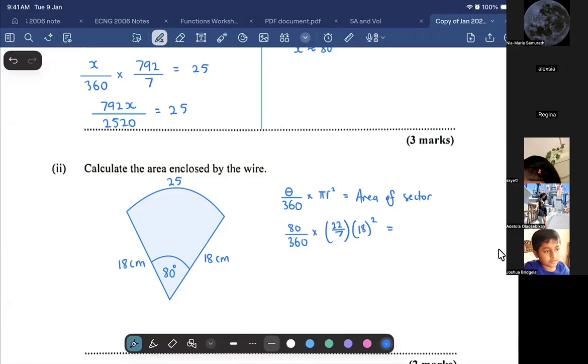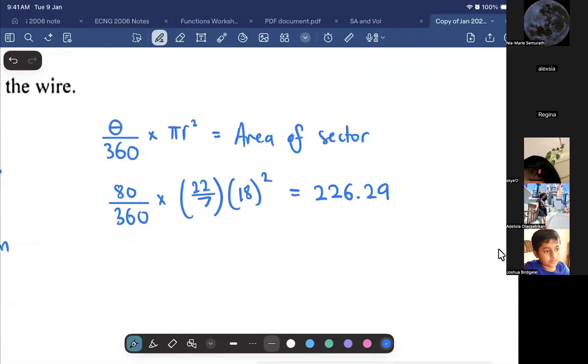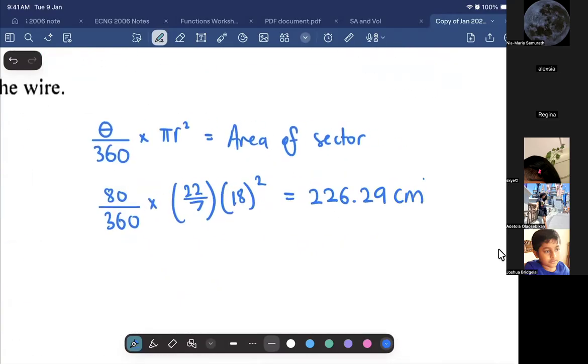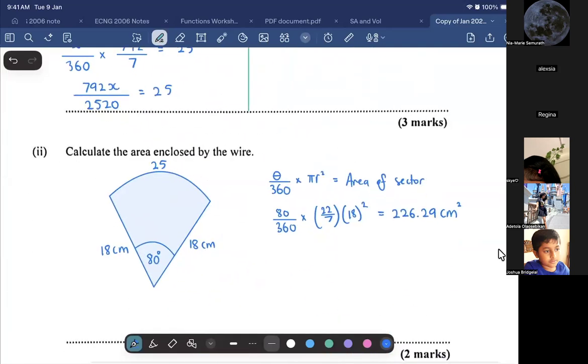Tell me it to 2 decimal places. 226.29 centimeters squared. Let me know, guys. 226.29.